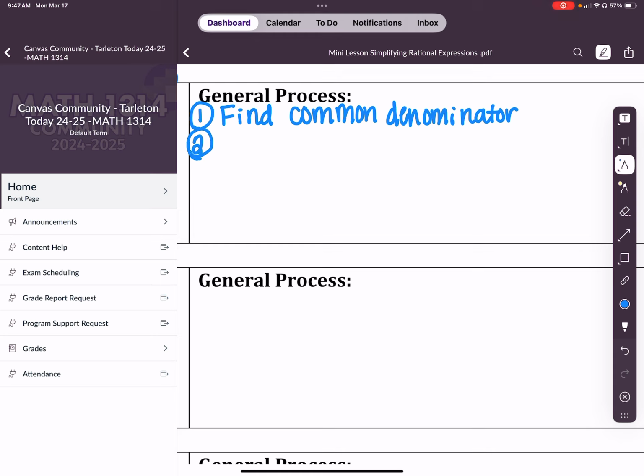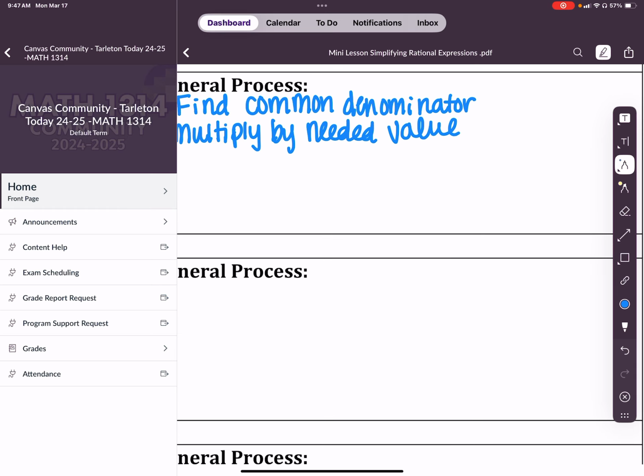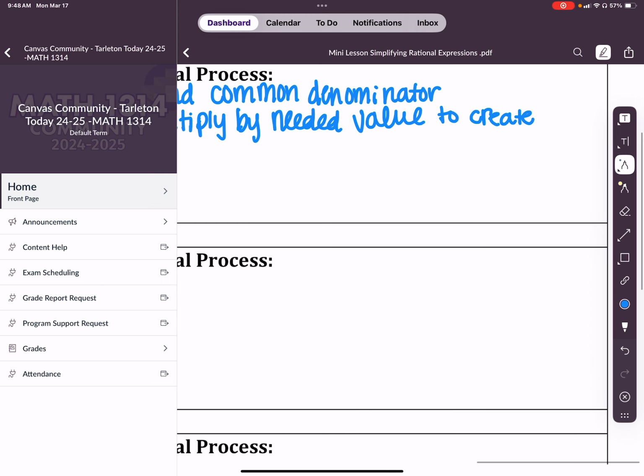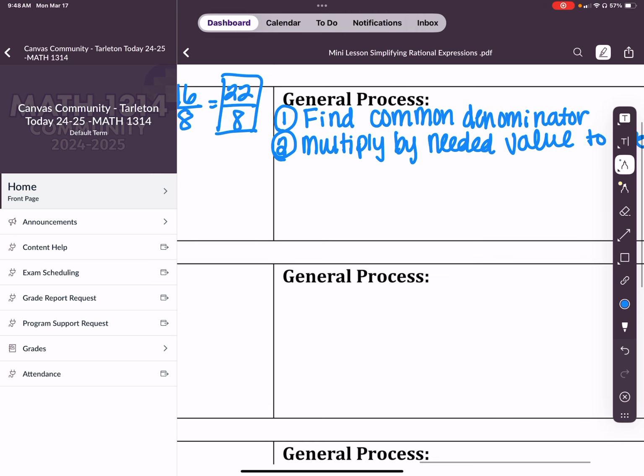The second step is going to be to multiply by the needed value to create fractions with the common denominator, the LCD, the least common denominator there, okay?